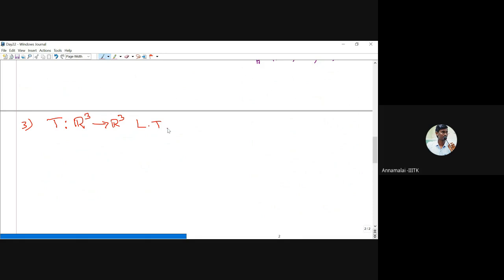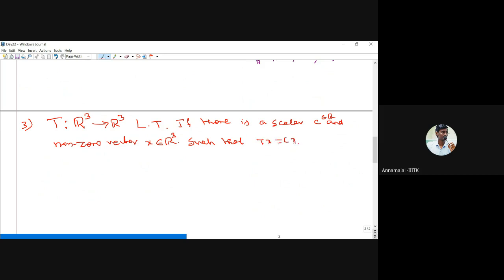Now, suppose there is a non-zero vector x in R3 and a scalar c in R such that it satisfies the condition T times x equals c times x.